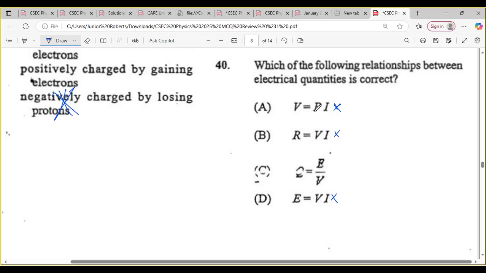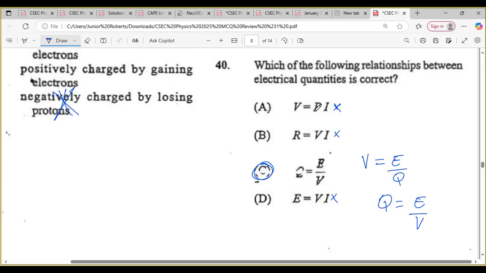So if we're able to recognize this, we're going to see that this one is actually true, because this comes from our definition of the potential difference. Potential difference V is the work done or the energy converted per unit charge. So if we make Q the subject, we get Q is equal to E over V, which is what we have right here for C.